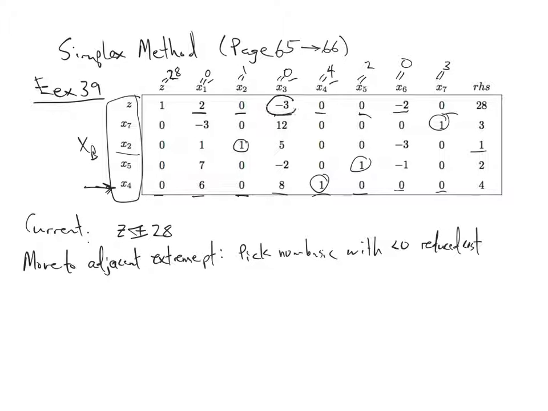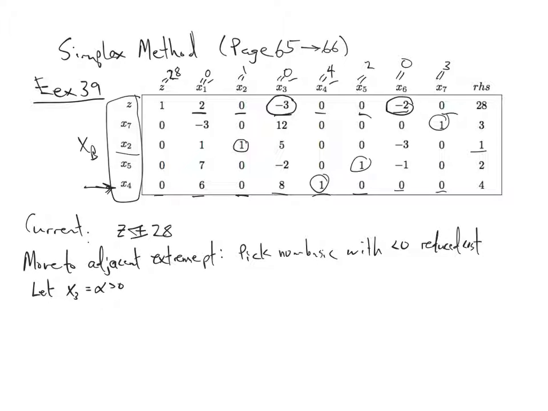All it amounts to is that there are two candidates here. x3 and x6 are two non-basic variables that could profitably be allowed to become basic. We can see that by letting x3 become alpha, which is some positive number. Alpha is a parameter we're going to play with to see what happens.